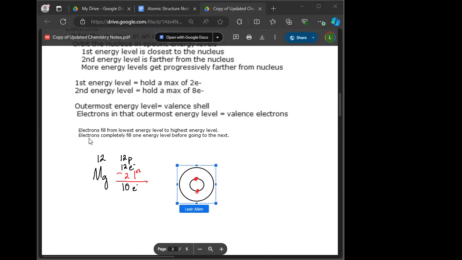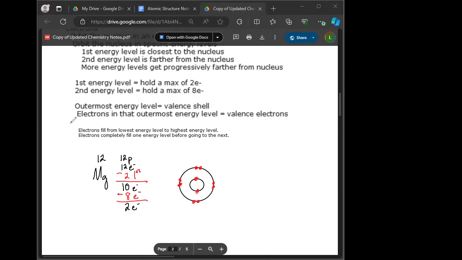The second energy level can hold a maximum of 8. So 1, 2, 3, 4, 5, 6, 7, 8. So 8 more electrons have found a place to sit. Now there's only 2 left.